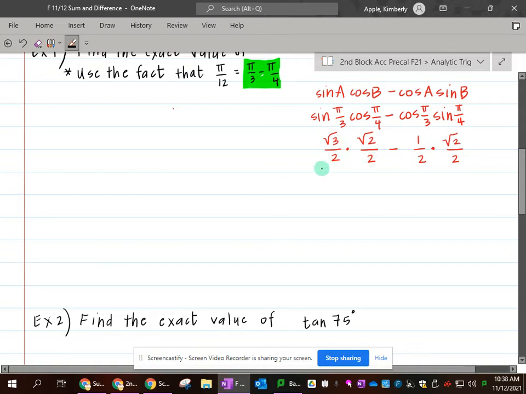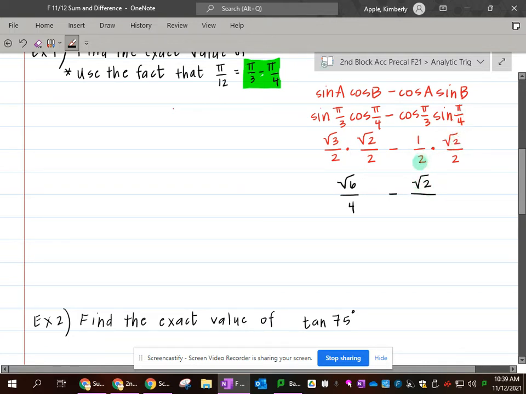So this first part, root 3 times root 2 is root 6. And then in the denominator, 2 times 2 is 4. Minus, then I'm going to multiply these two fractions together. 1 times root 2 is simply root 2.